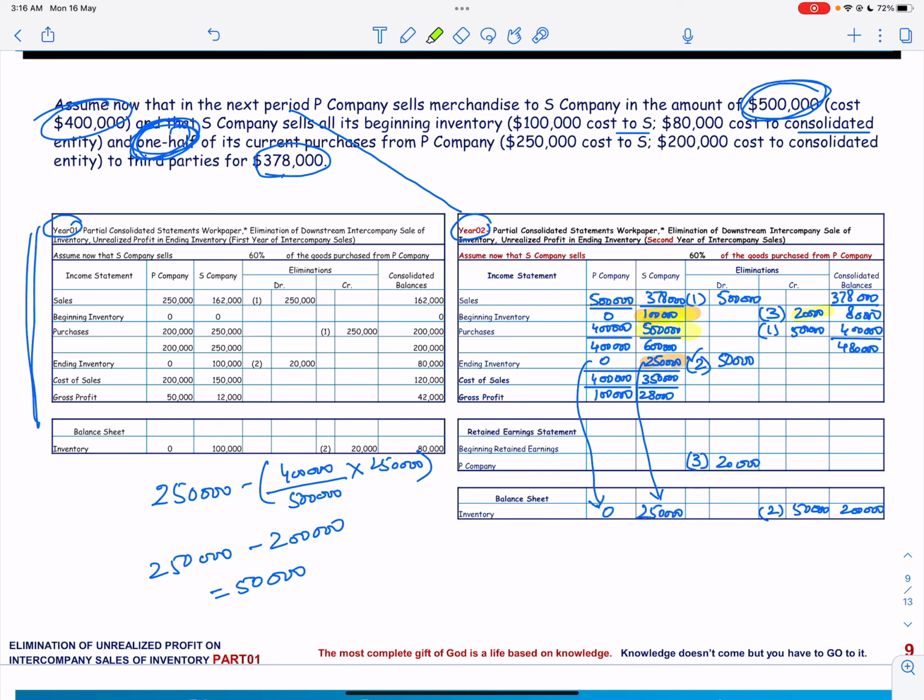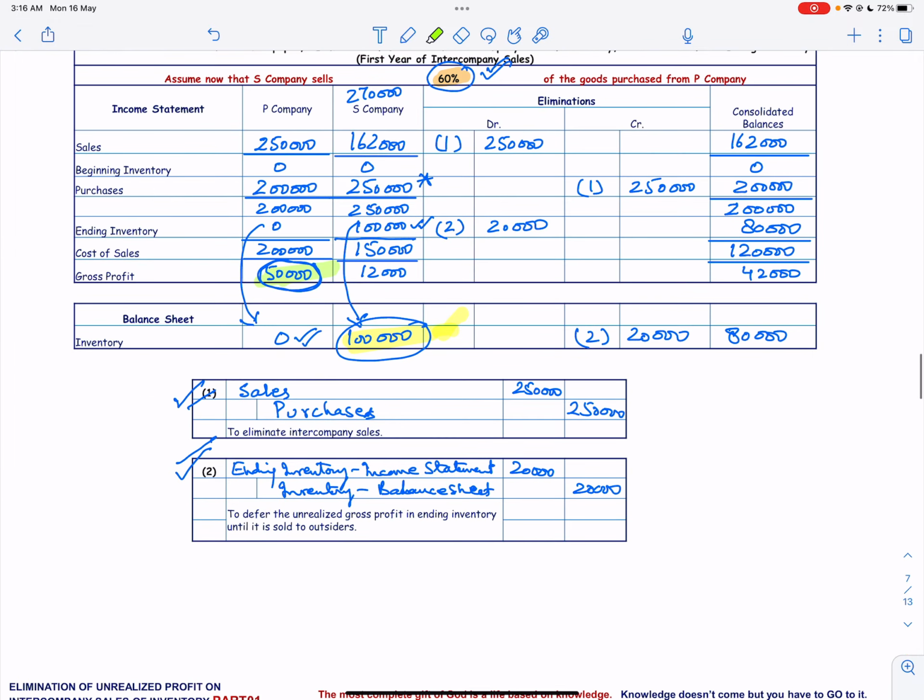Yet another way to look at the debit to beginning retained earning may be in determining consolidated net income. In the first year, 20,000 was deducted from the reported income statement and thus from the retained earning of the affiliated group by a work paper entry. Now, in order for beginning retained earning to match the prior year's ending retained earning of the consolidated entity, this 20,000 adjustment must be made to beginning retained earning so that we can have the balance as in the first year.